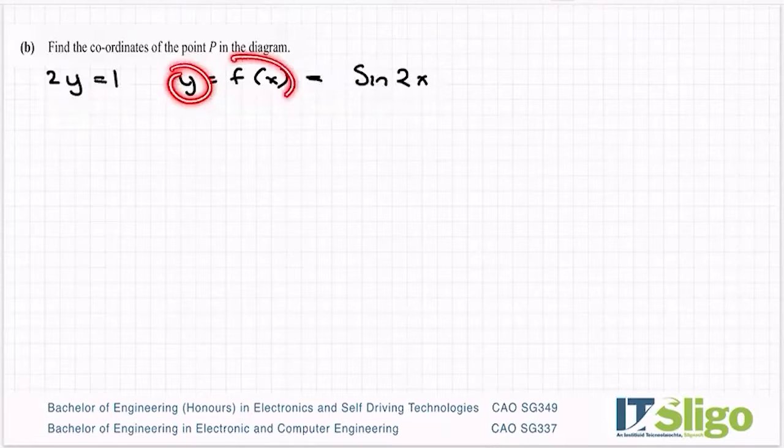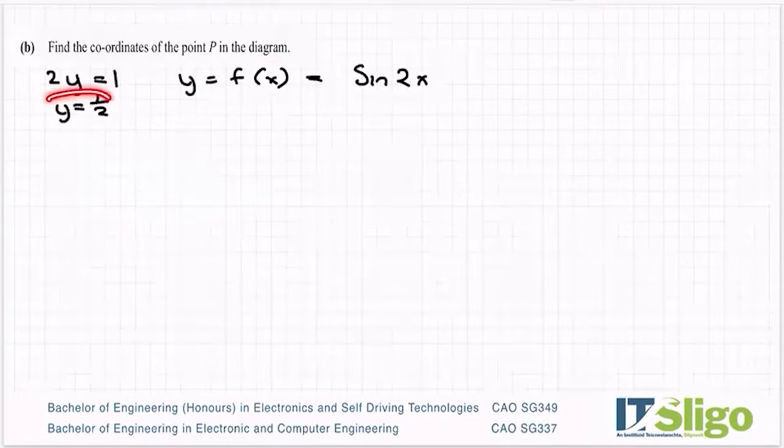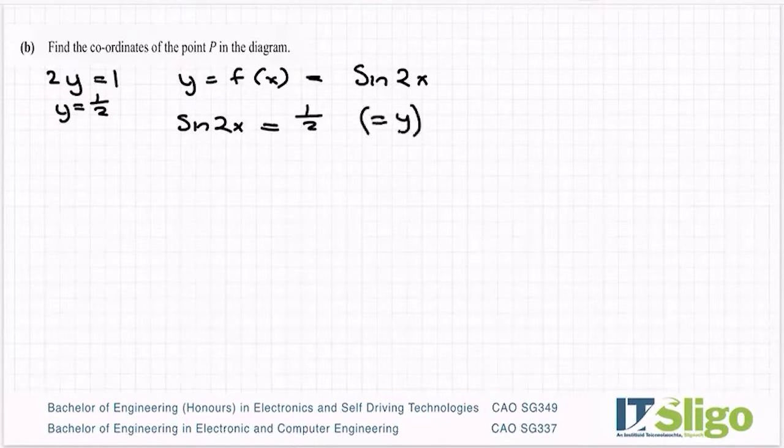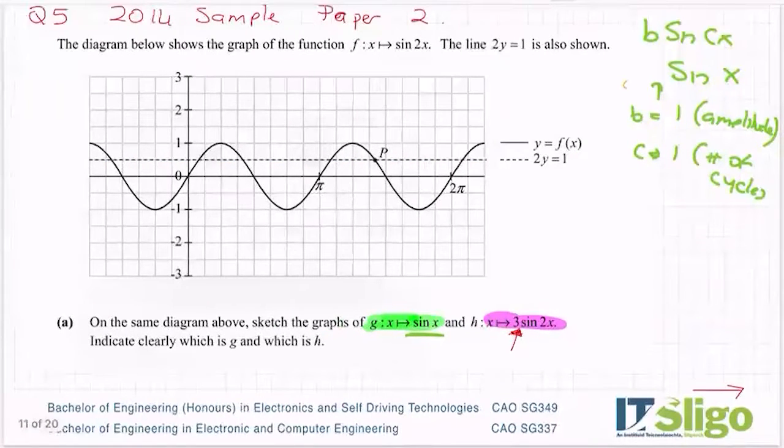So y is f of x, and I'm going to write him in terms of y. So y is equal to 1/2. If y is equal to 1/2 and y is equal to sine 2x, well then sine 2x must also be equal to 1/2, because both of them equal y. So point P is the point where these two lines equal each other.